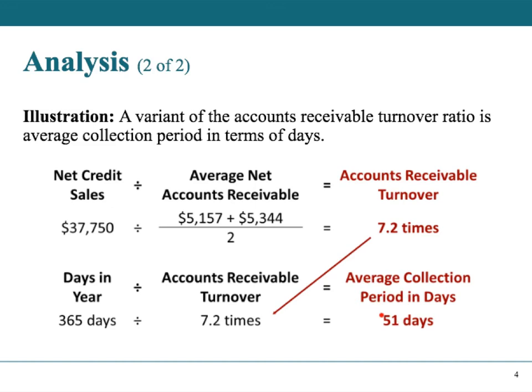Again, the faster you collect, the lower the number of days you have to collect, the better off you are. So in terms of accounts receivable turnover, the higher the better. And in terms of number of days to collect, the lower the better.